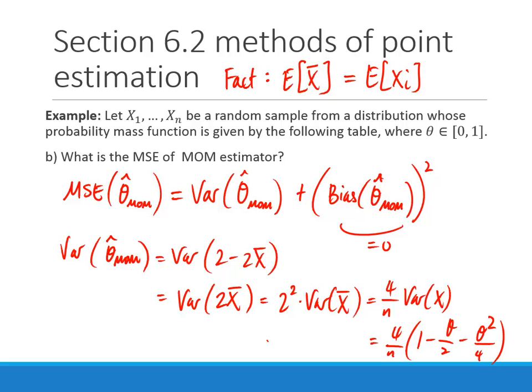So since I have an unbiased estimator, the MSE is just the variance. So that's 4 over n times (1 minus theta over 2 minus theta squared over 4).